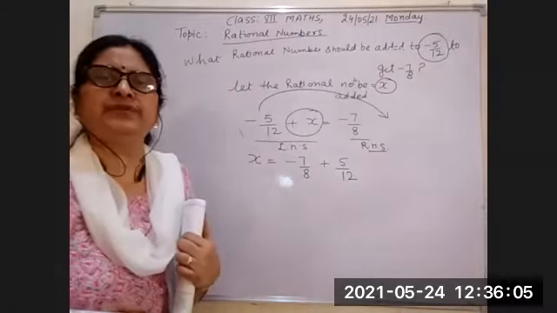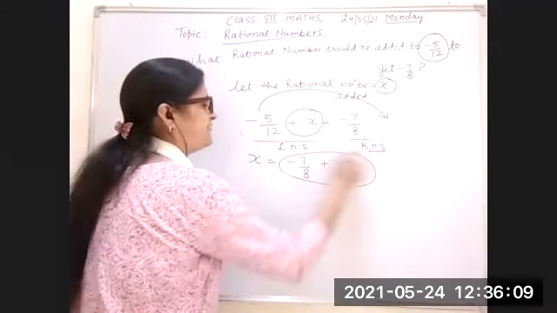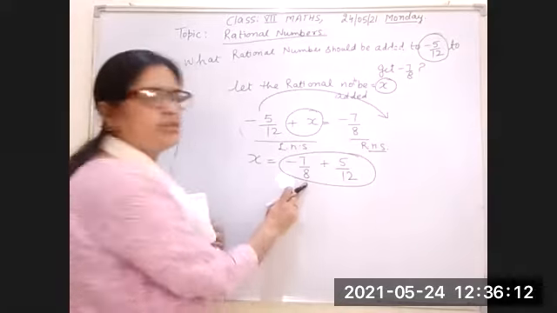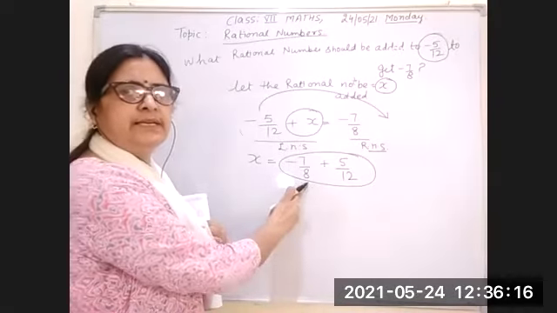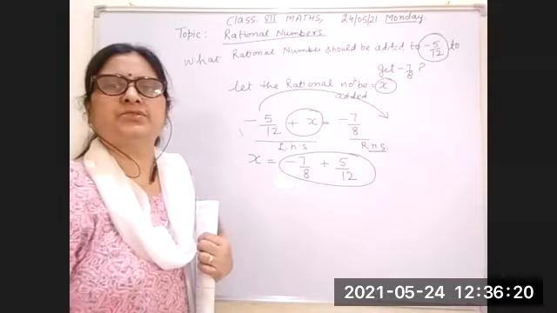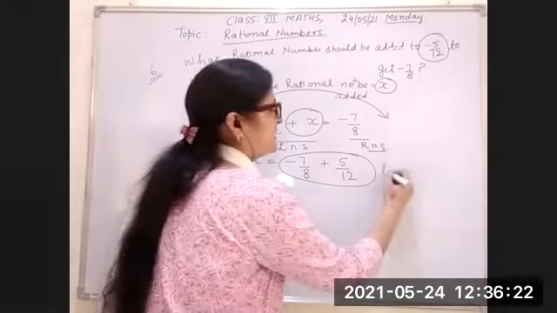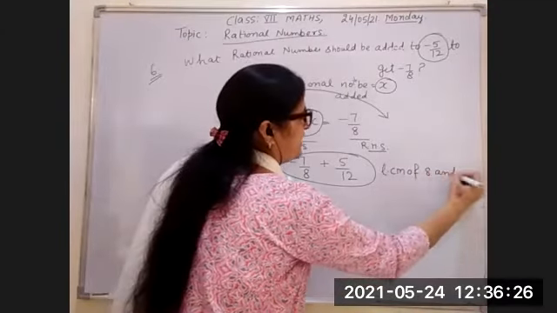Now I have to take the LCM first, because these numbers have different denominators. The denominator of minus 7 upon 8 is 8, and in the other rational number the denominator is 12. So we have to take the LCM of 8 and 12.